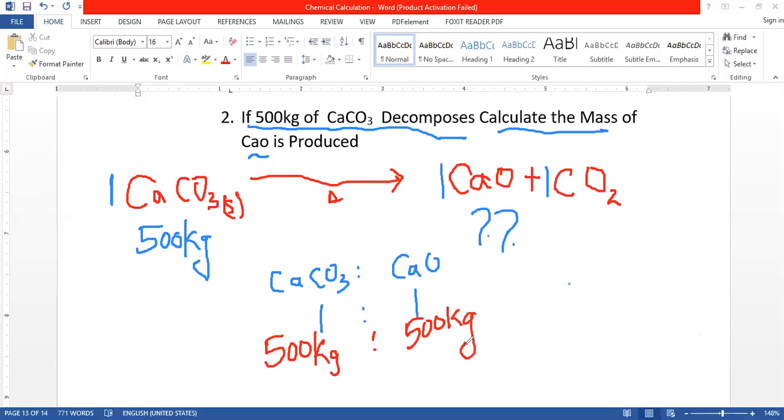No, you can't, because you can't connect this mass ratio.